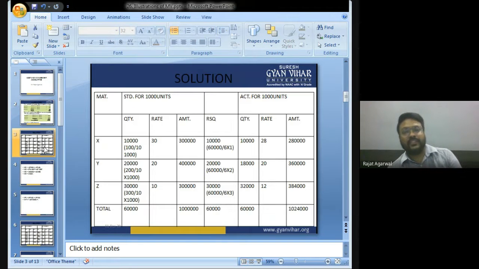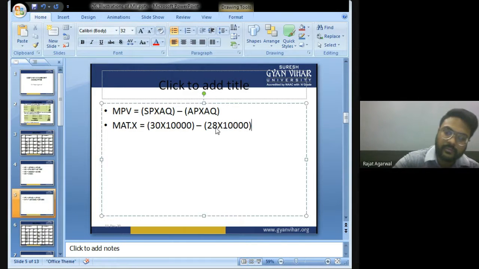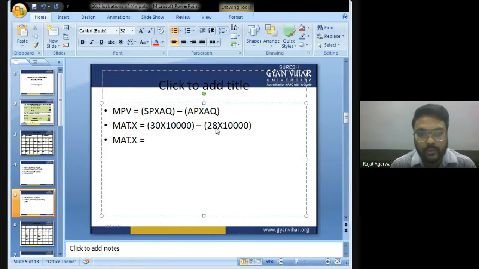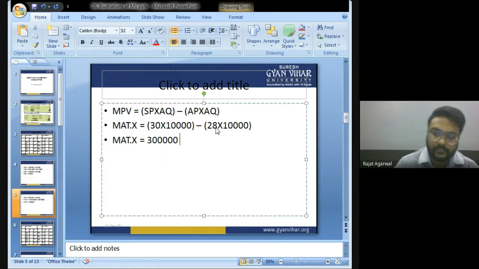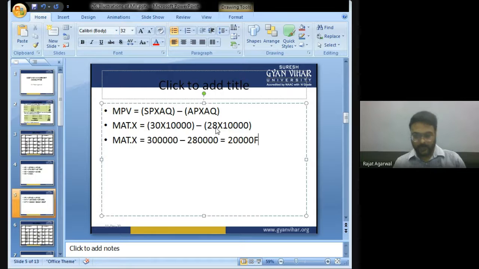Actual price of X is 28 into actual quantity, 10,000. 30 into 10,000, 3 lakh. 10,000 into 28, 2 lakh 80,000. So your answer will be 20,000 favorable. Okay.